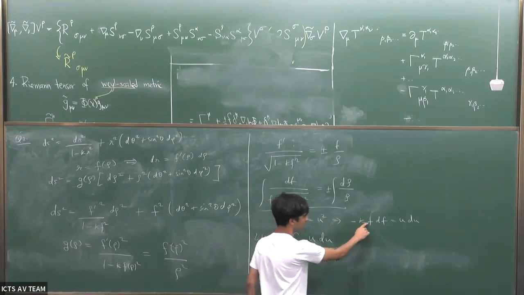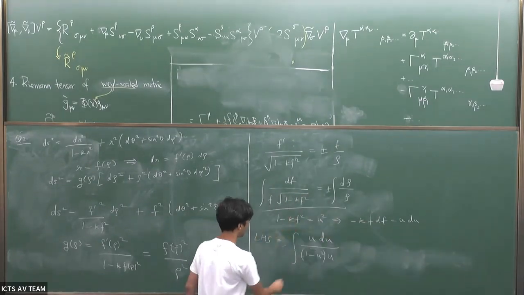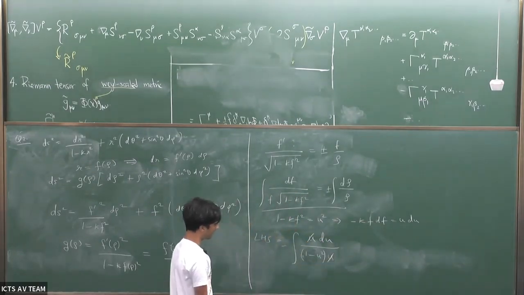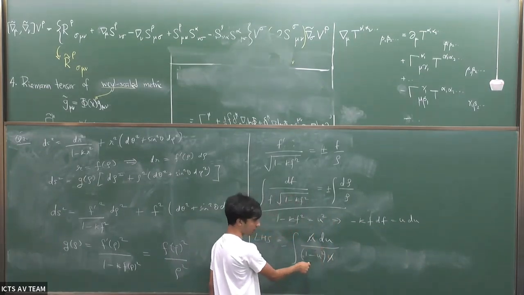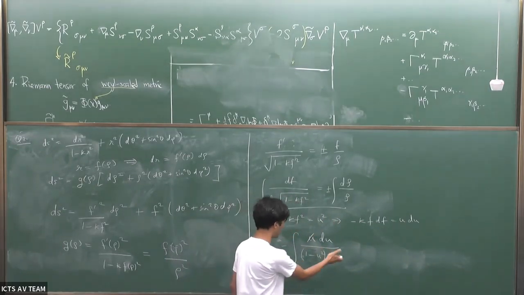The 2 from here and here cancel. So yeah, this u and u also cancel. And so you have du over u² − 1 basically, which you can do with a partial fraction.